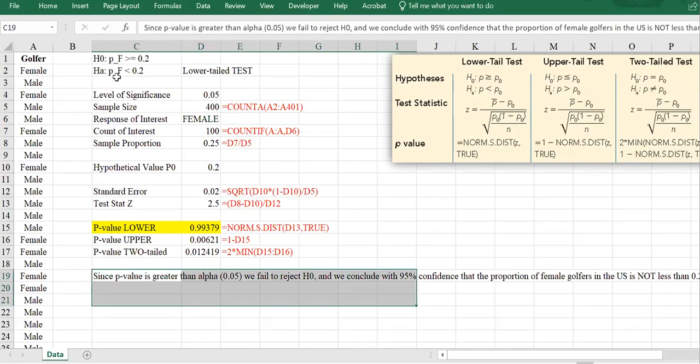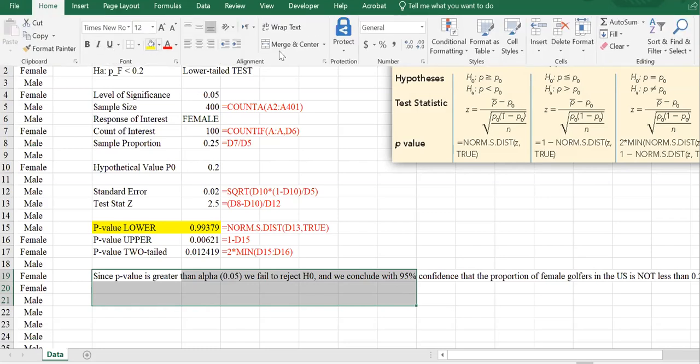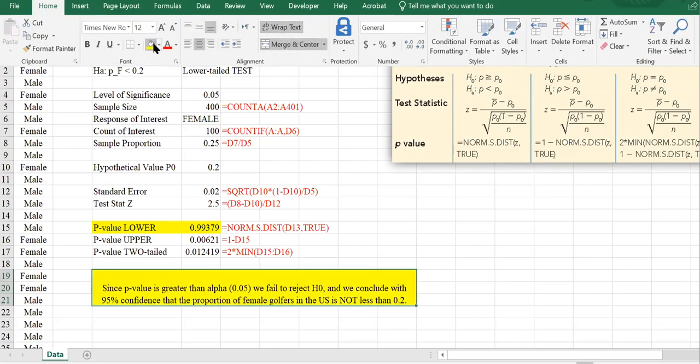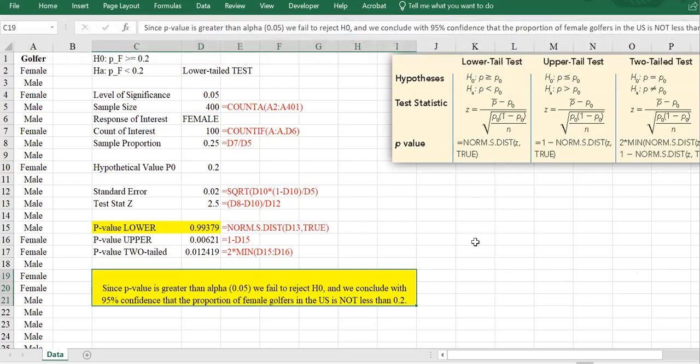Since the p-value is greater than alpha, we fail to reject the null hypothesis, and we conclude with 95% confidence that the proportion of female golfers in the United States is not less than 0.2 or 20%. So we don't have enough evidence to support the alternative hypothesis.